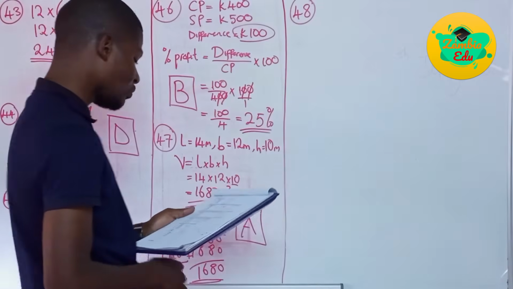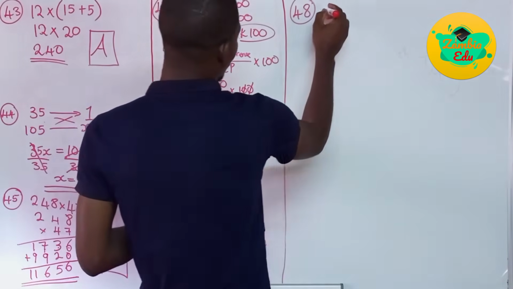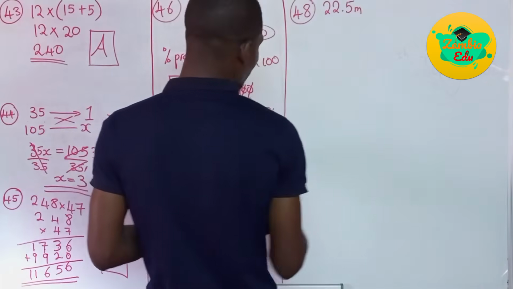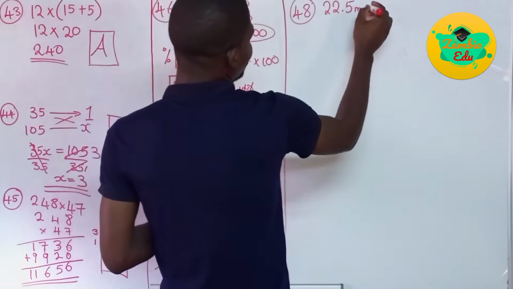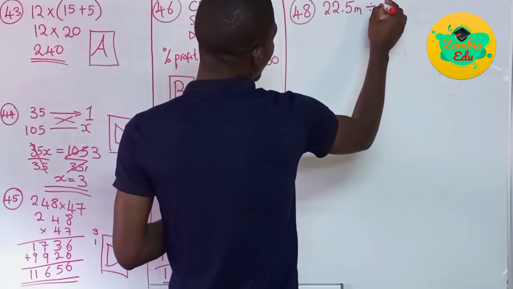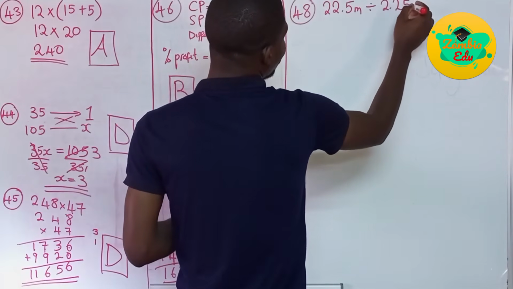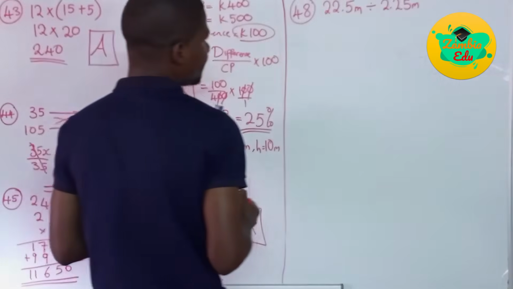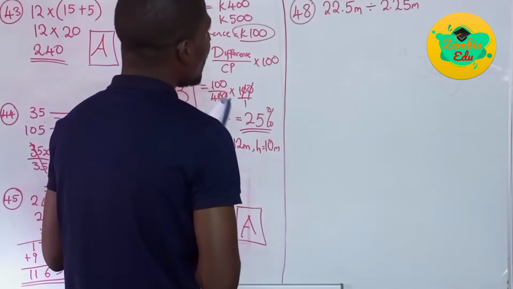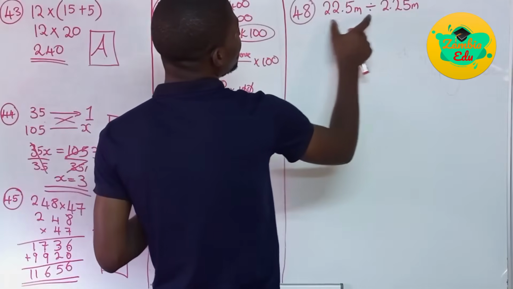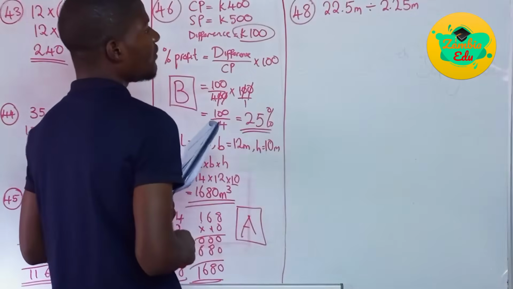So one of the things that we're able to see according to the question, we are considering a string which is 22.5 meters and is being divided into shorter strings of 2.25 meters. So, how many of such strings can be cut from that length of the same string?